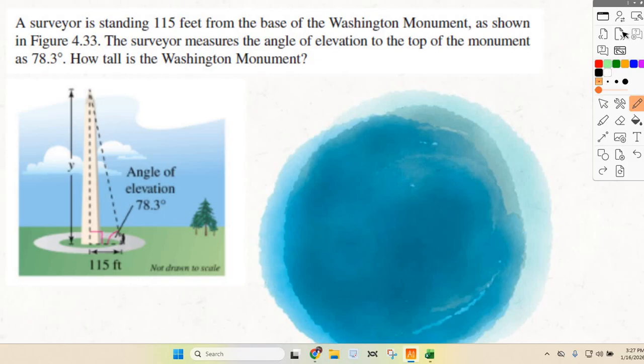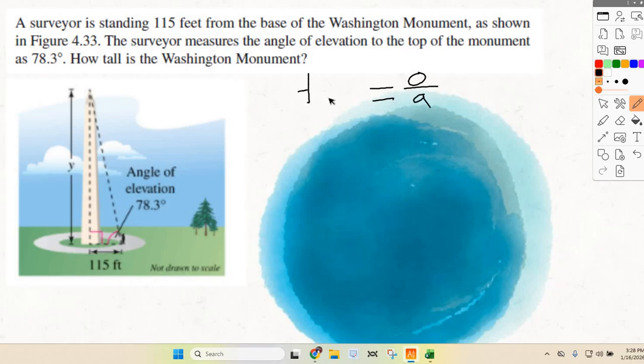Our first step is we have to decide which trig function we want to use. Notice I have an angle. Why is what side to my angle? Opposite. And then 115 is what side? Adjacent. So which of our trig functions has opposite and adjacent? Tangent.